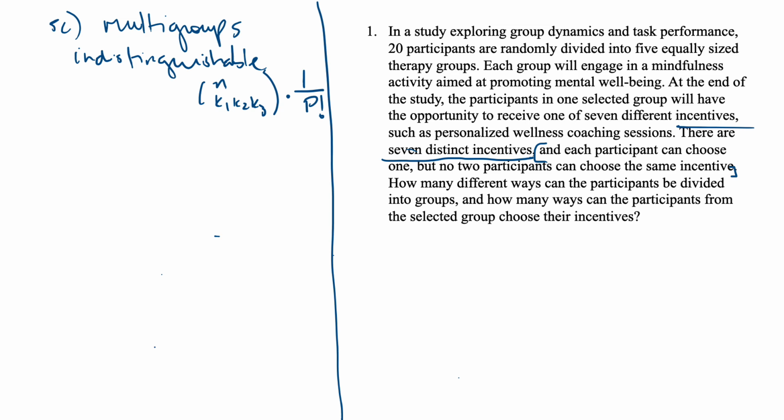You take how many times it repeats. For example, 2 O's, you divide by 2 factorial. If you had 3 O's, you would be dividing by 3 factorial, and so on. The same rule applies to groups.